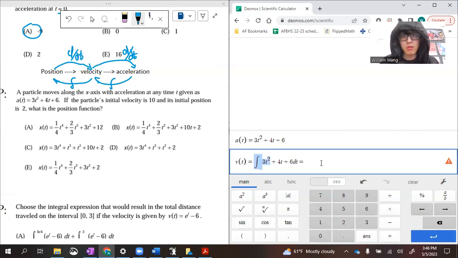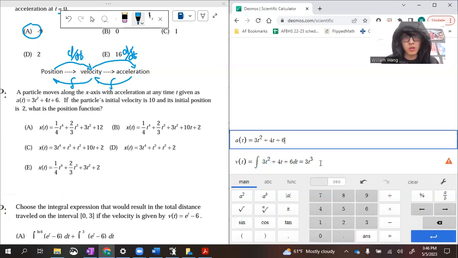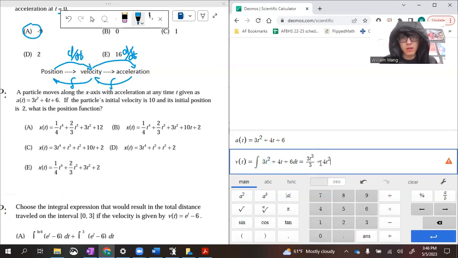That is an anti-power rule, so it's going to be 3t cubed divided by 3 plus 4t squared divided by 2 plus 6t, then don't forget plus c. All right, let me simplify this. So it's really t cubed plus 2t squared plus 6t plus c.